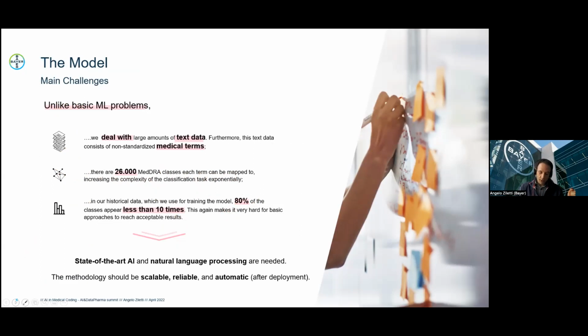So we really need state-of-the-art AI and natural language processing methodologies. Plus, since the very beginning, we had the requirement to put this into production, so I had to think about a scalable, reliable, and automatic solution after deployment. The bar was quite high, admittedly, to make this successful.